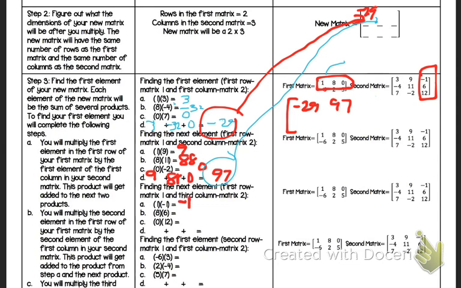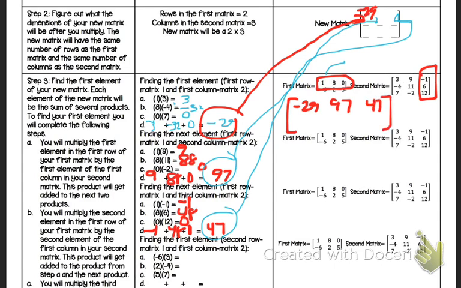Eight times 6, your two middle numbers, is 48. 0 times 12 is 0, so negative 1 plus 48 plus 0 gives you 47. And that goes in the first row, third column. So our last number in the first row is 47. And then we're done with the first row because we used the first row with all 3 columns.